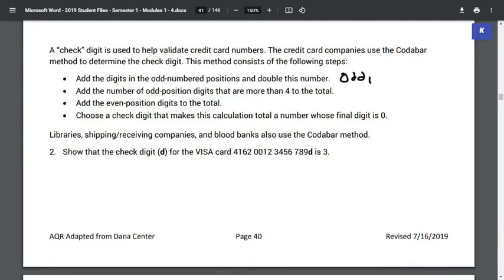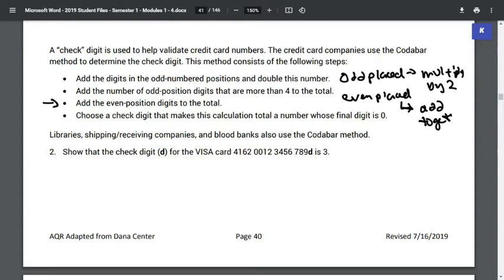So odd placed, we multiply by 2. I'm going to come back to the second dot, but our third dot tells us that we add all of those even ones to the total. Just like before, our even placed, we just add together.